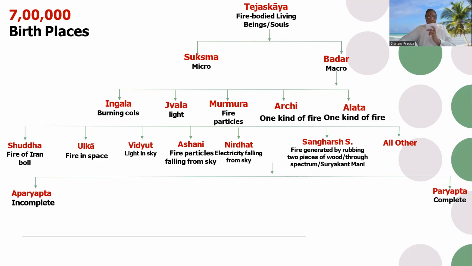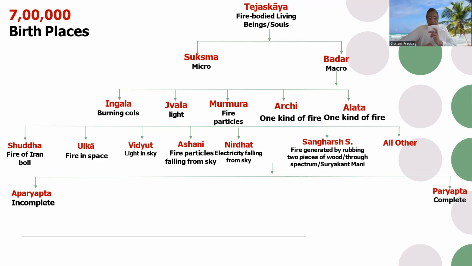All these systems are necessary for a physical body to work in that particular form or in that particular environment in which he or she is born. Until they complete those systems, they cannot start working. That's why in that state they are known as incomplete, but as soon as they complete them, they come under the category of complete.